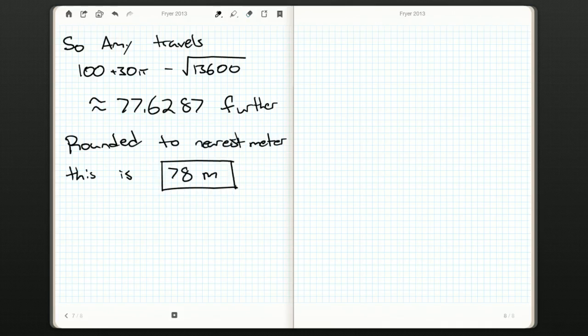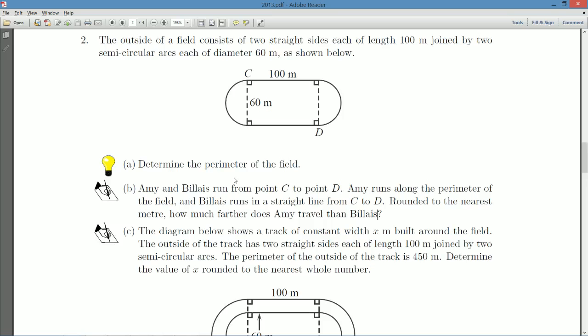So we get 78 meters, and we've explained how we got it. We explained how far Amy traveled. We explained how far Phileas traveled. And subtract the two, use the calculator, and we rounded up to get the difference, just like they asked for. And that's all we were asked for in B part.